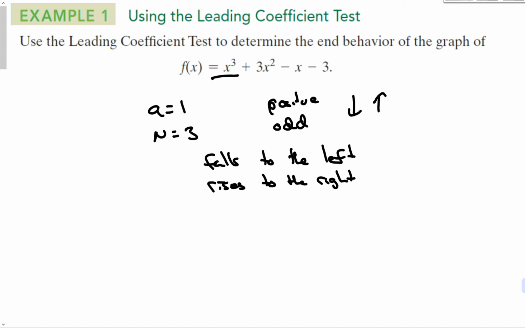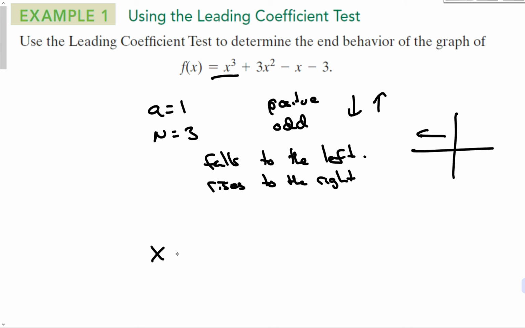Okay? When you're talking about what is happening at the end of a function, that is what is known as the limit. Okay? So let's take this one, falls to the left. As I move to the left of a function, if you think of a graph, as I'm going this way, further and further left, what's happening?